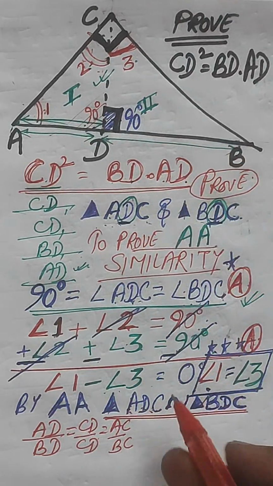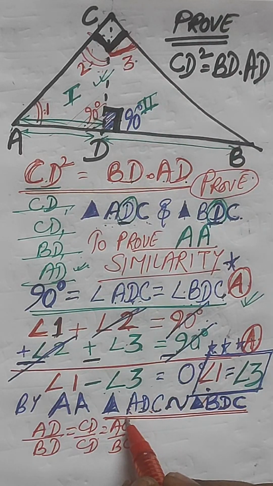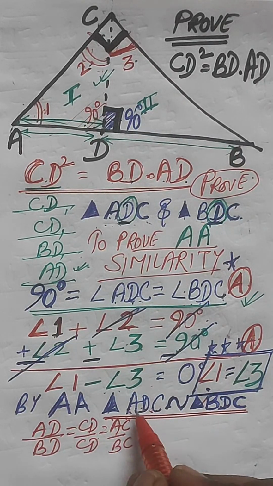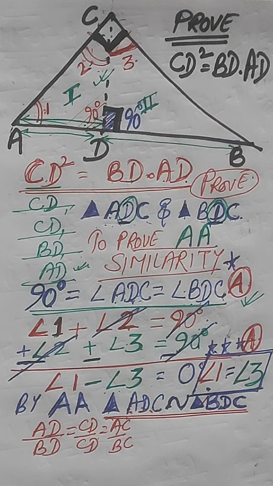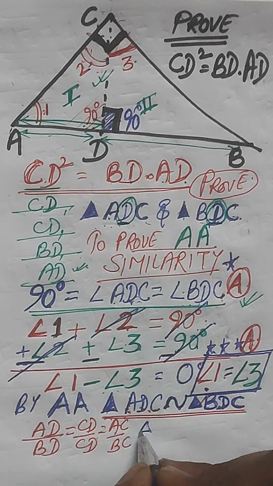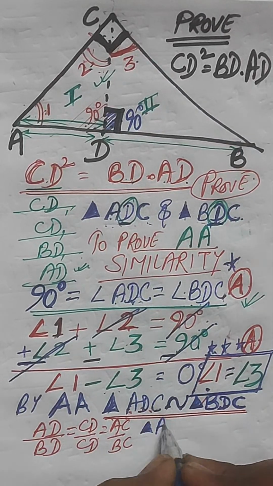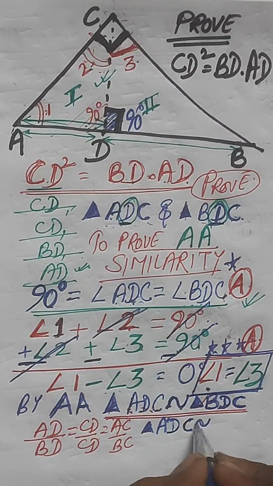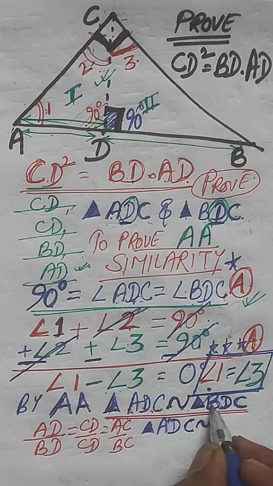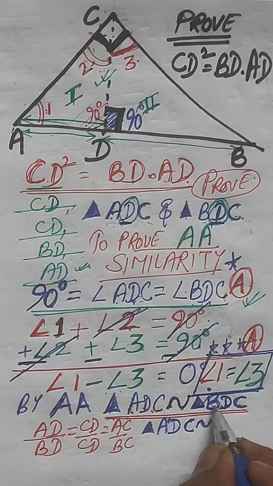So that's why we need to make a change. What's that change? We need to change the sequence of the naming. So here we have just put ADC as it is, and this can be proved as similar to triangle, now, instead of BDC, write CDB.